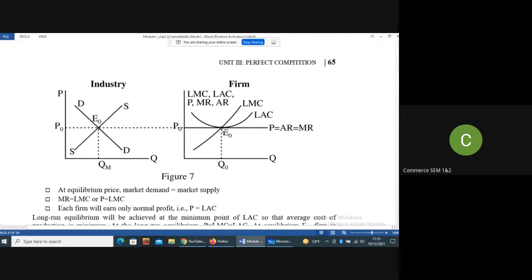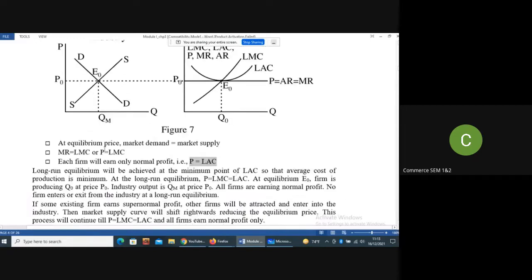Now, as the LAC curve is tangent to the marginal revenue curve at point E0, all the farms will earn only normal profit, as price is equal to LAC. Clear? So at the long run equilibrium, price is equal to LAC equal to LMC.